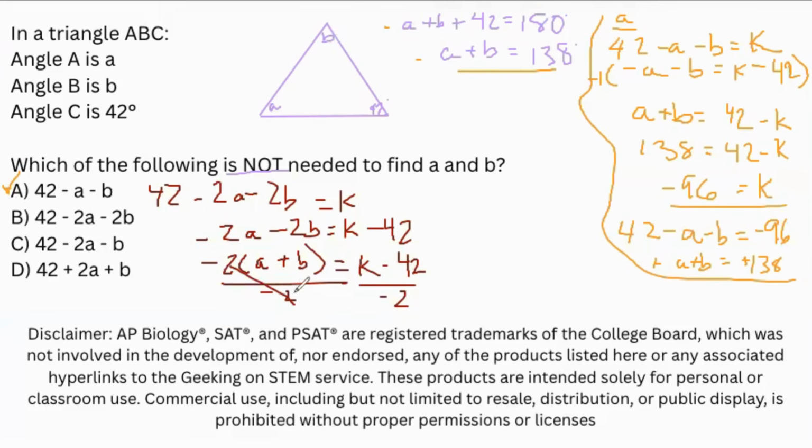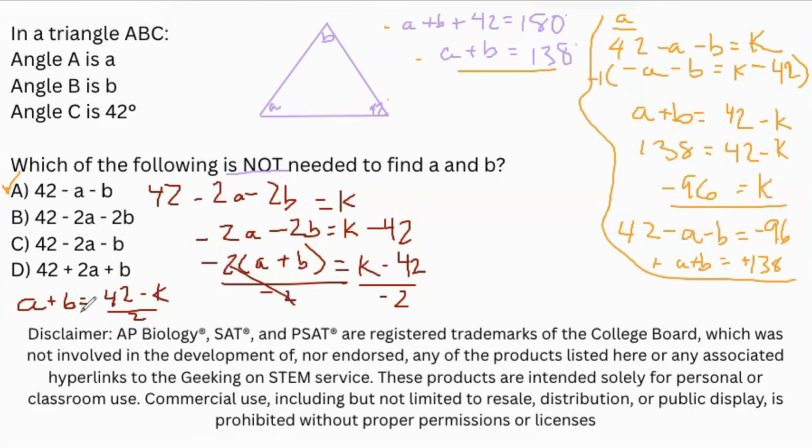So I'm going to have A plus B equals, now I'm going to flip it over because I have these two negatives. I'm going to make this 42 minus K divided by 2. Now you notice that I flipped the symbols by multiplying everything by negative 1, and that's how I got here.